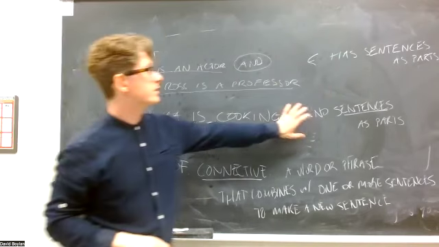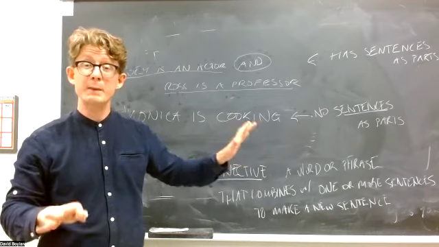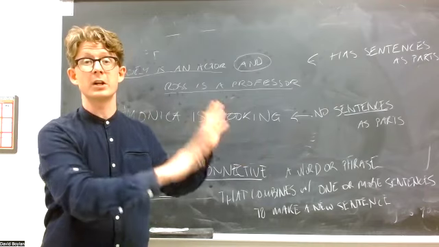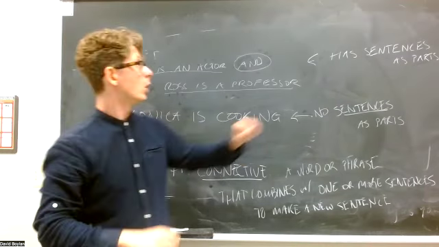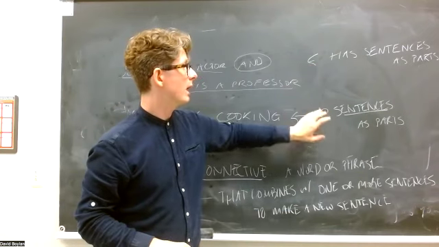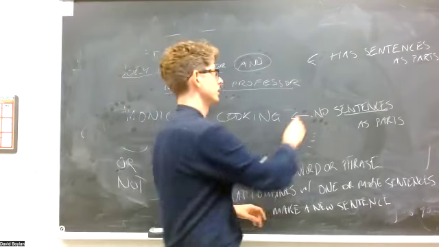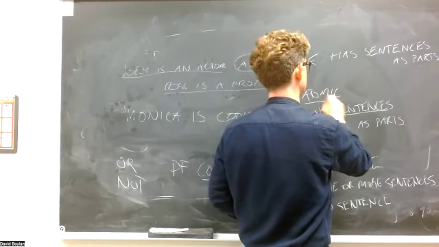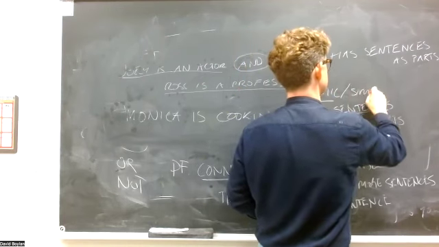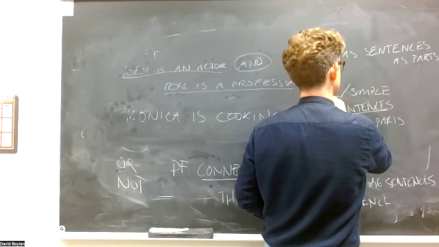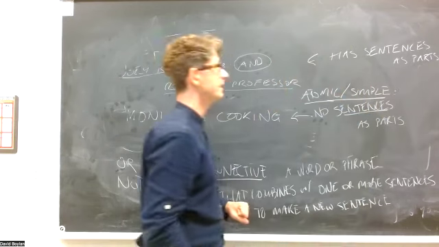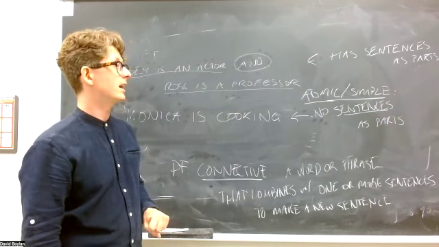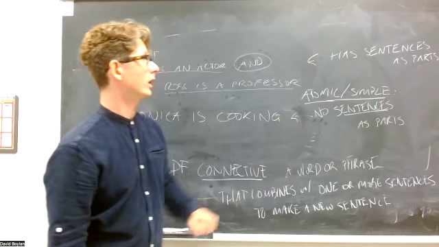So this test of whether or not you have sentences as parts is basically what we're going to mean by saying a sentence is either atomic or simple, or complex. When you have no sentences as parts, then you're an atomic sentence, or we'll sometimes say a simple sentence.